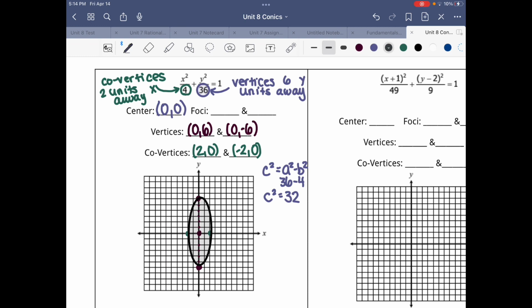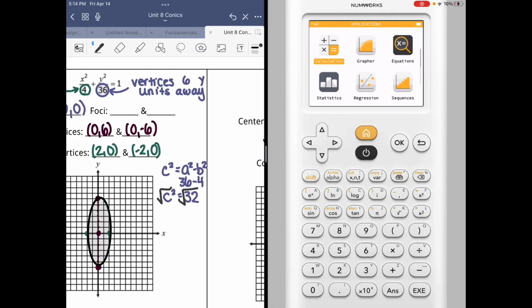Then I just do the square root on both sides, and I get the square root of 32, which, pulling out my handy dandy calculator, is approximately 5.7.